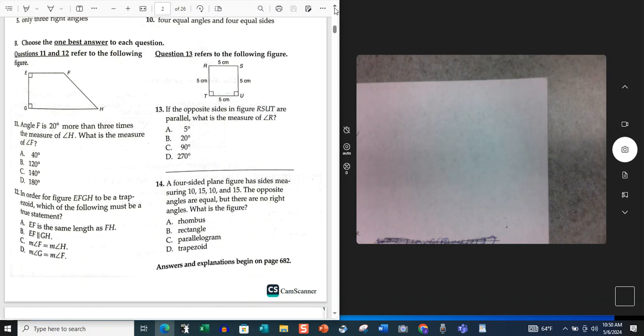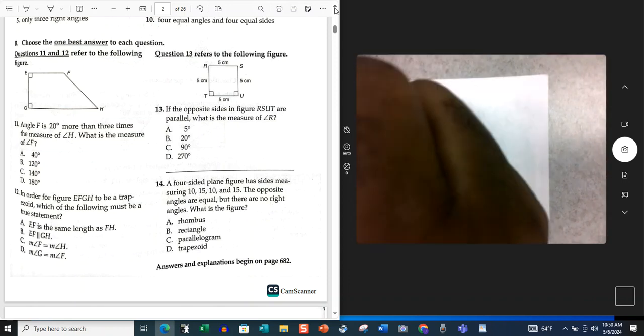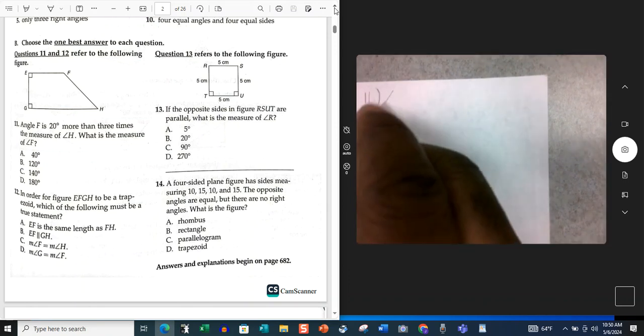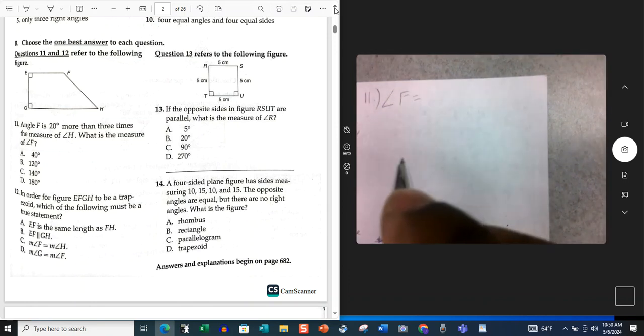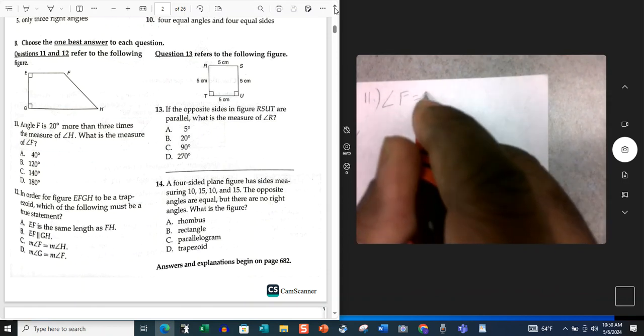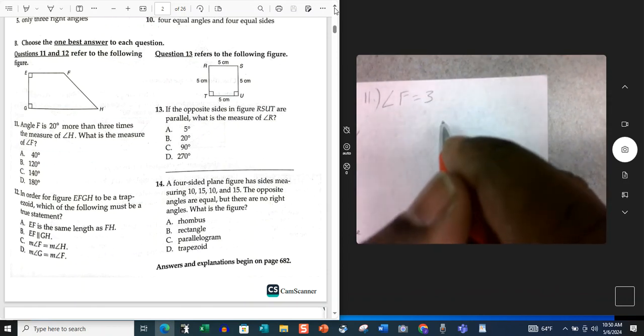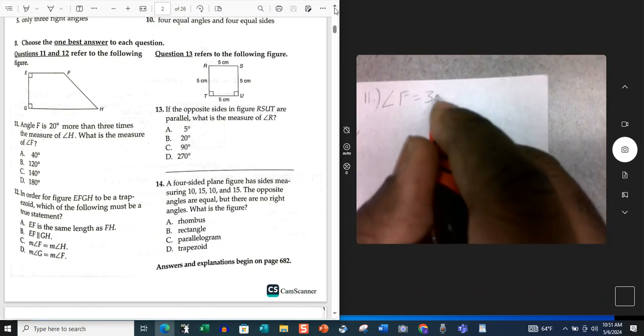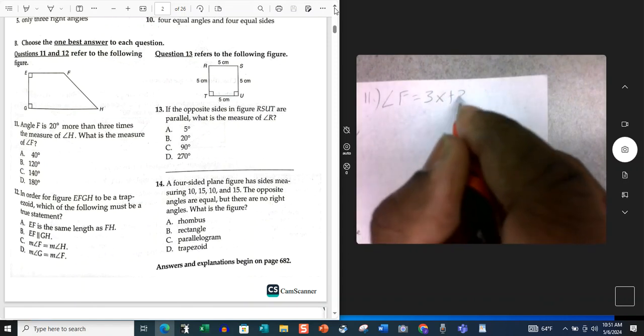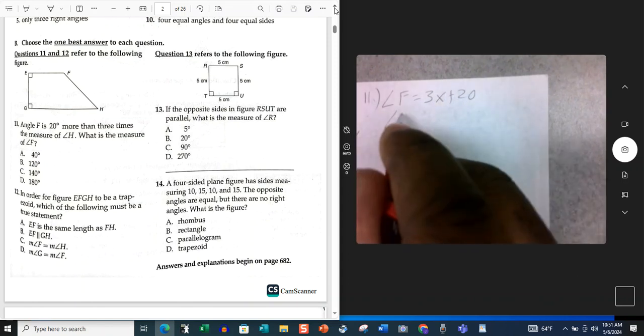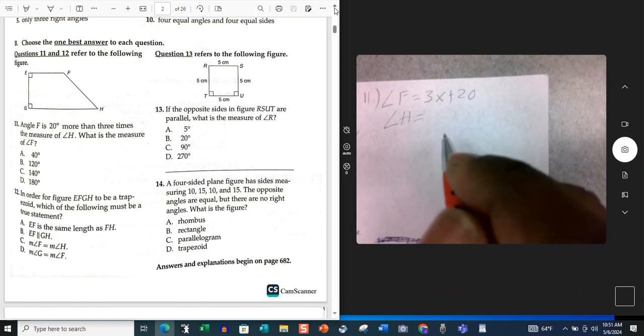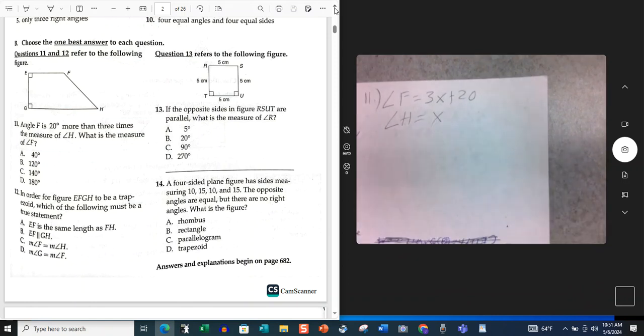Okay, so we're already told angle F is supposed to be 3 times, we'll make H x. So it'd be 3 times x plus 20. So angle H would be x.